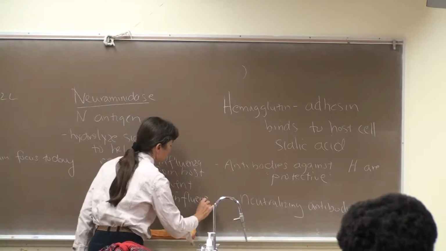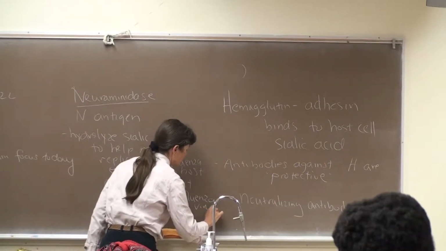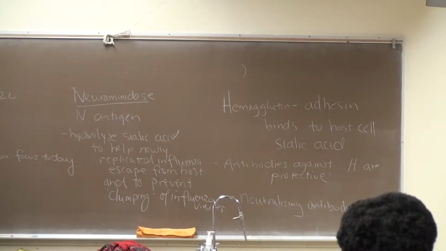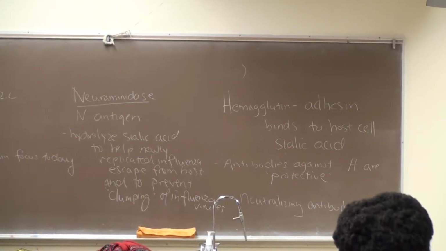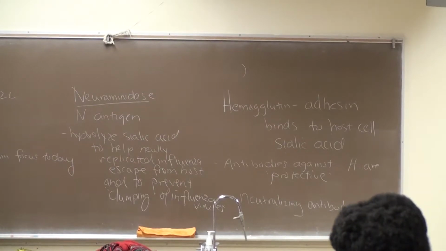And what we'll do, if we can just hold on to this, there's an electron micrograph and some diagrams that will help us understand exactly what this neuraminidase is doing.